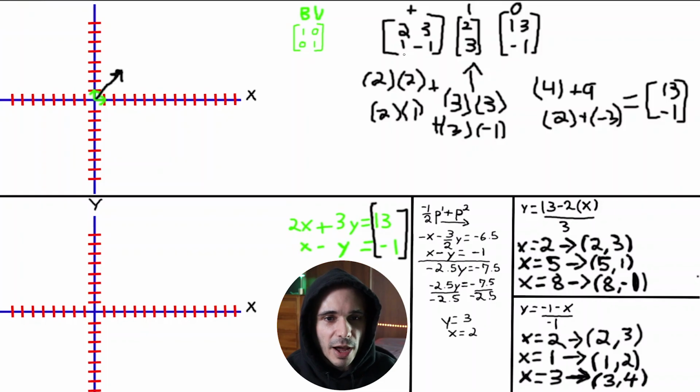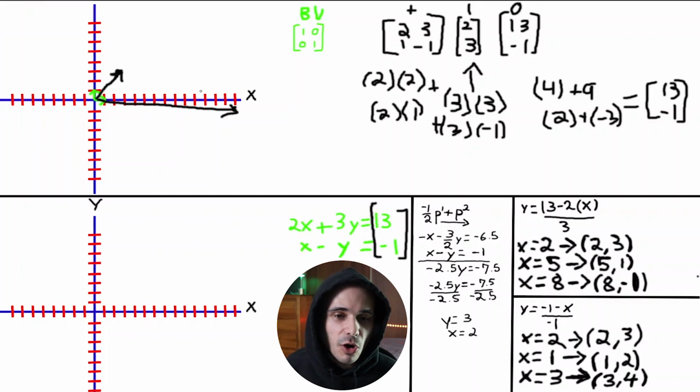Then when we apply this transformation, those basis vectors are going to be where those coordinates are, and the output vector is going to be somewhere right here, if you can imagine that. So we're saying it's essentially being solved in reverse.